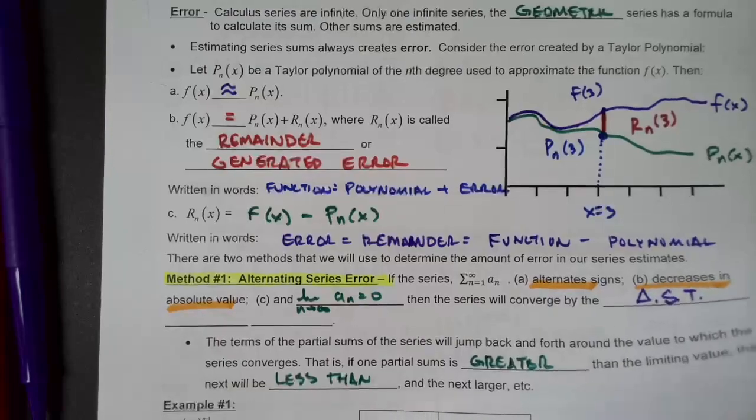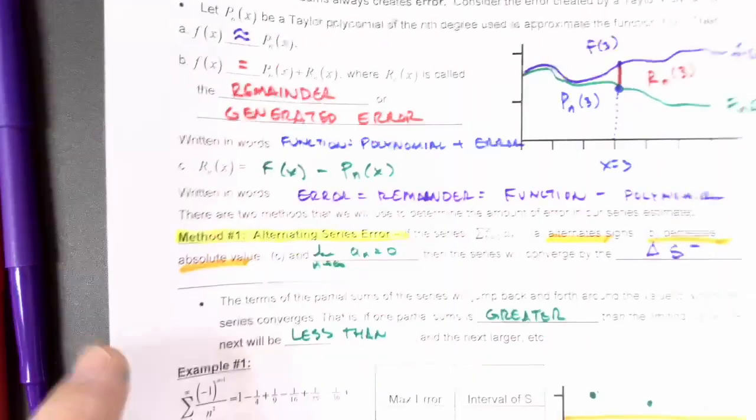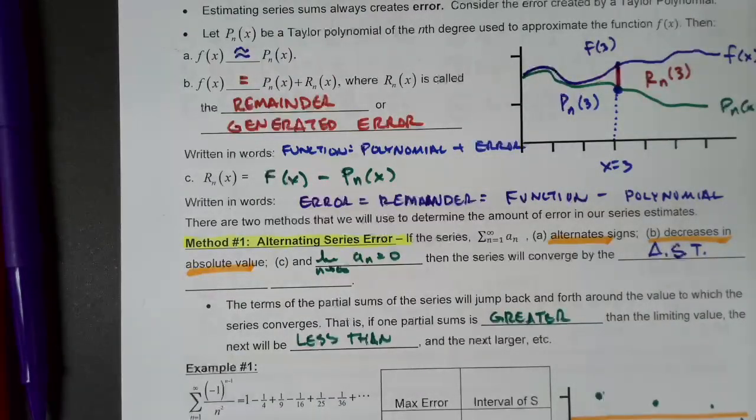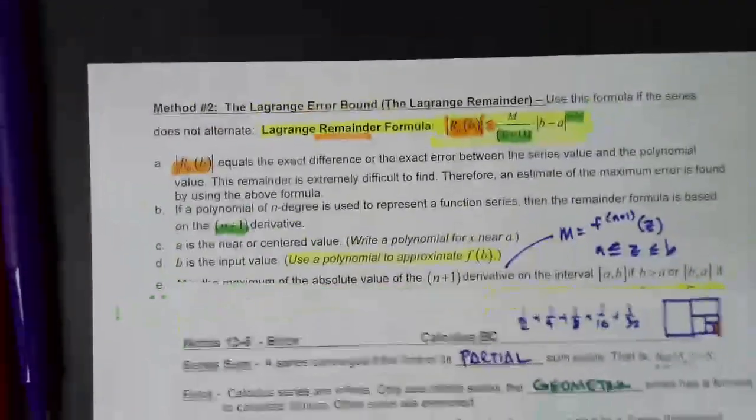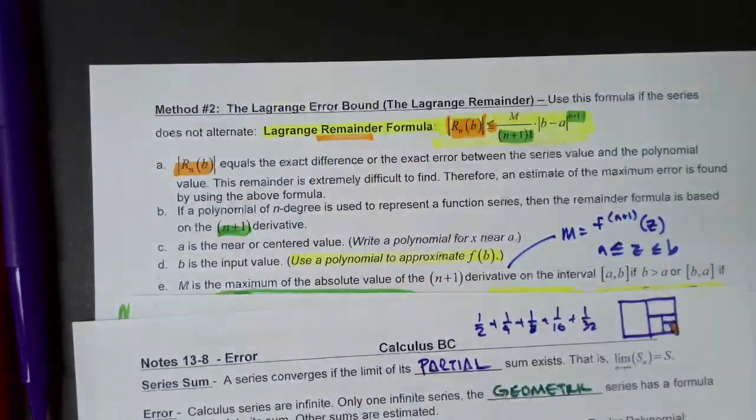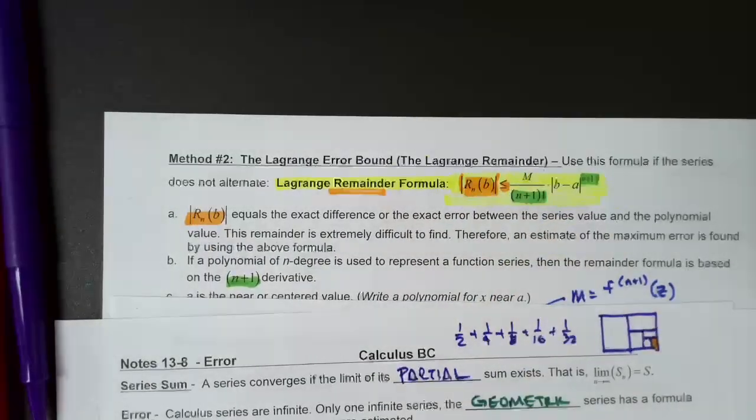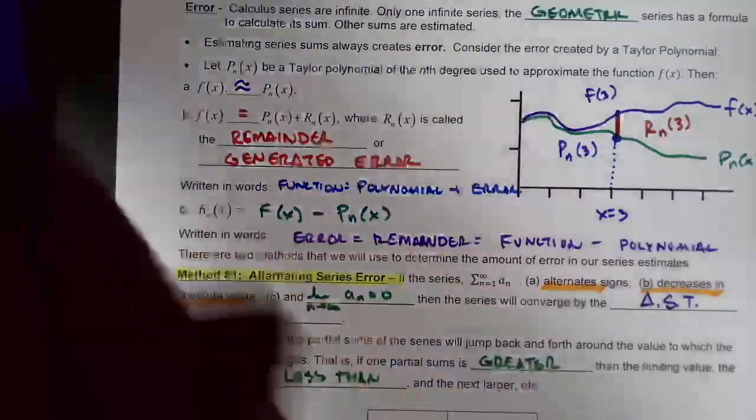Again, they will change the wording around a little bit, but make sure you are following that idea of 2 ways: alternating series test or the Lagrange remainder formula, next omitted term, or just use the Taylor series. Nice job.